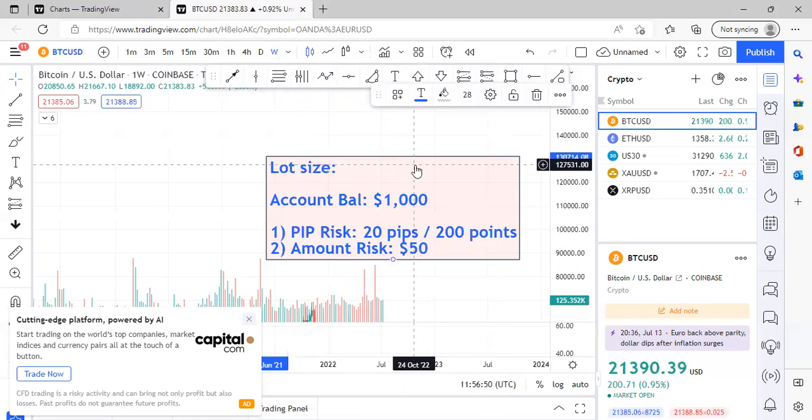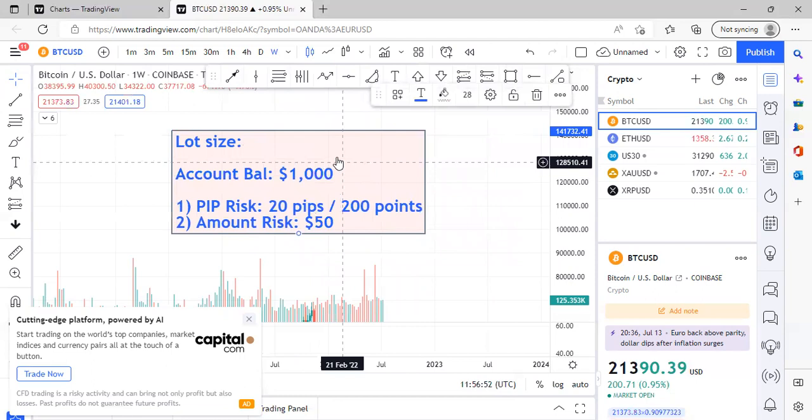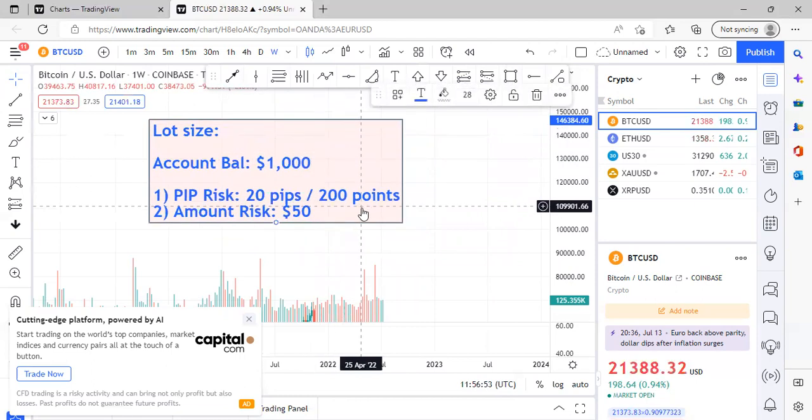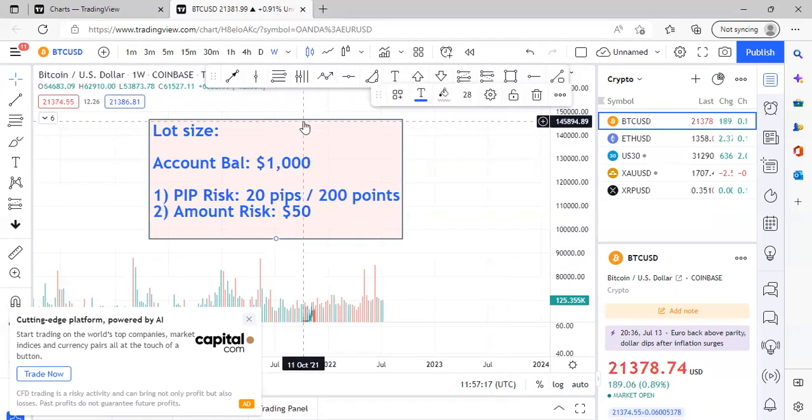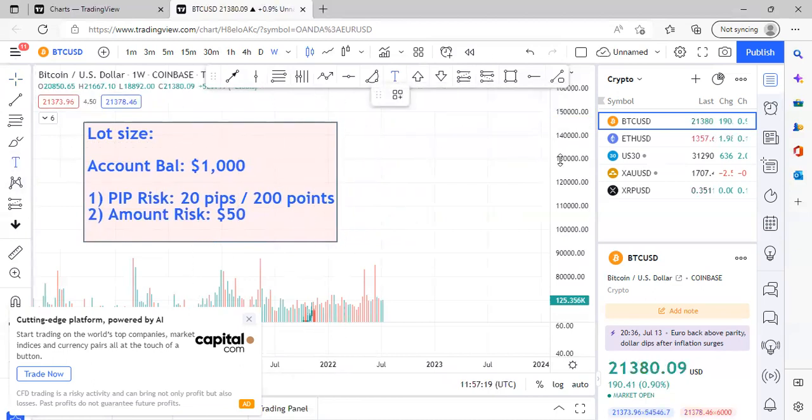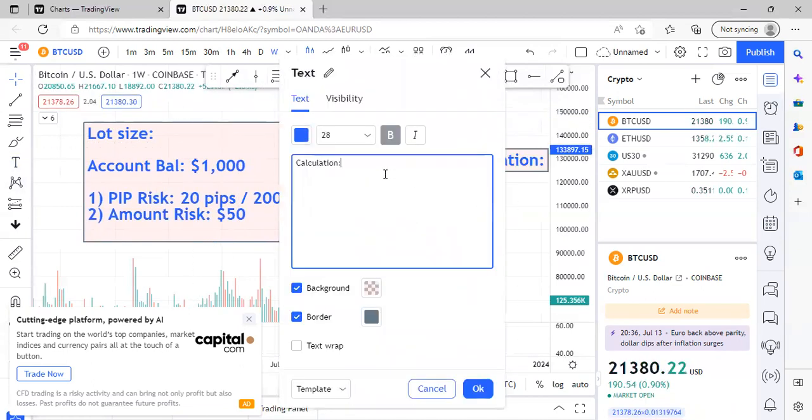What you just need to do is do your small calculation. So let's do a small calculation here.